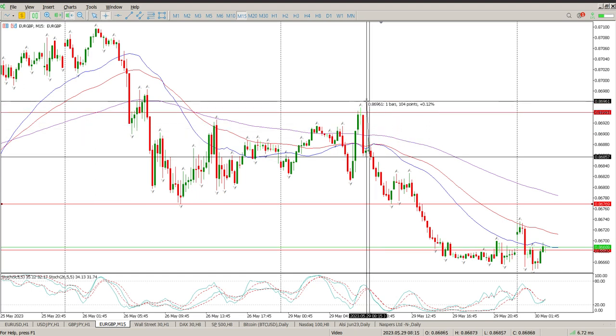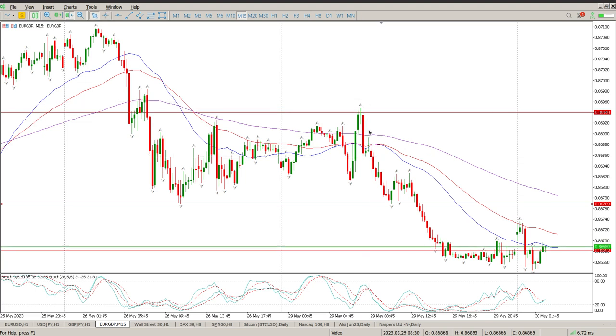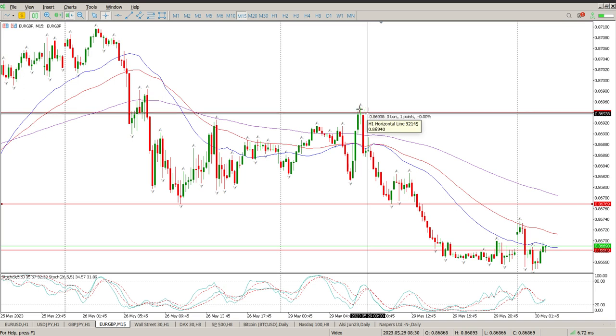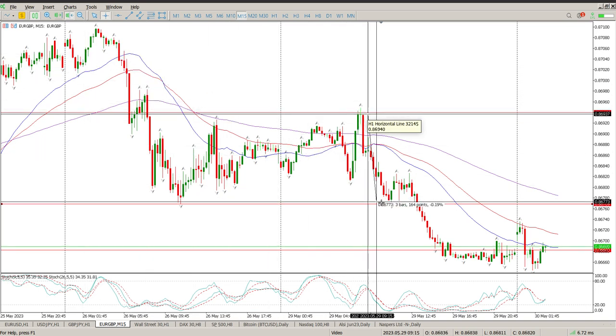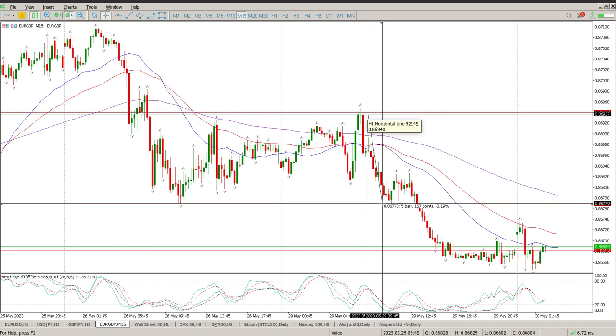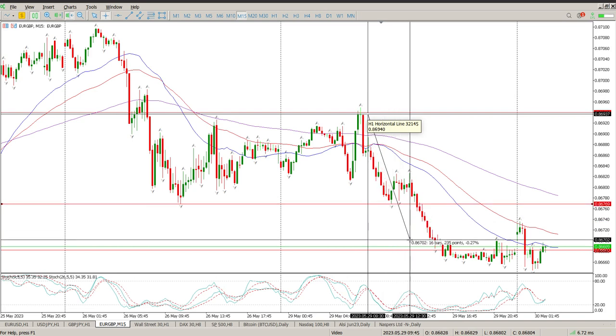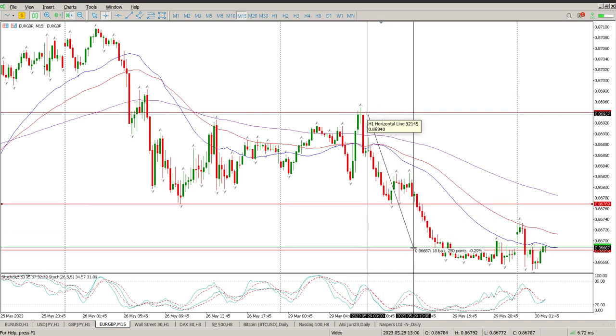That would have been an opportunity, 100-point stop loss, or even when you saw that rejection there, to jump in with a stop up there. 62-point stop loss. First target was hit pretty quickly, 164 points. Second target was hit, 250 points.